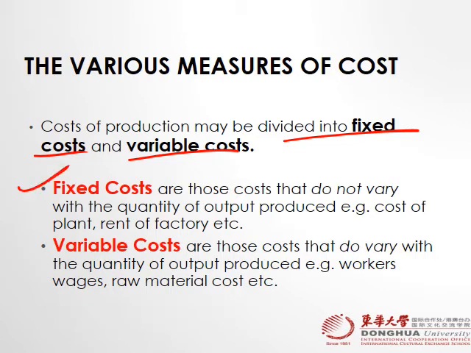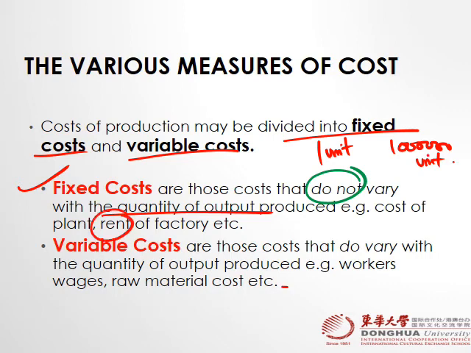Fixed costs are those costs which do not vary with the quantity of output produced. For example, cost of plant, rent of the factory. Whether you produce one unit or one million units, rent is the same. Rent of the factory is the same. So we call this fixed cost.